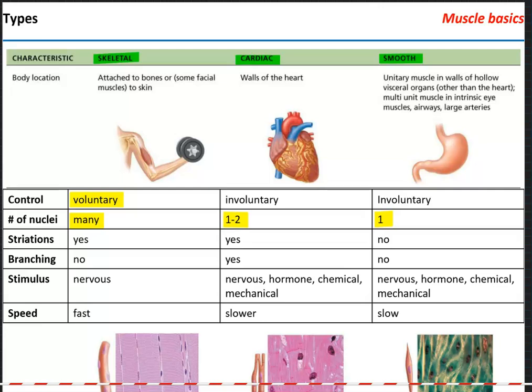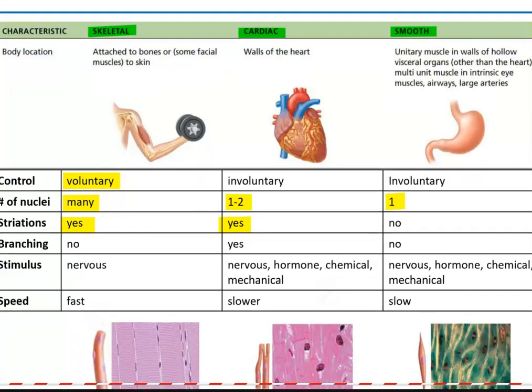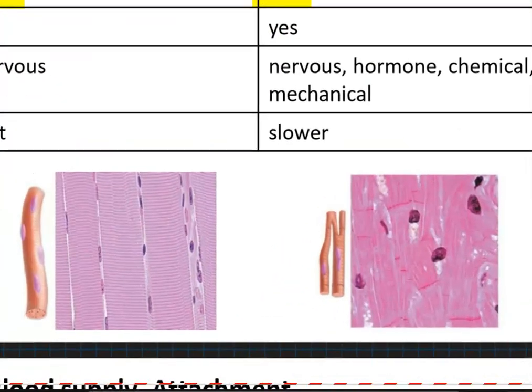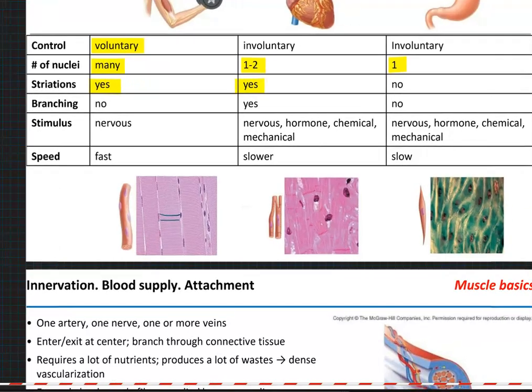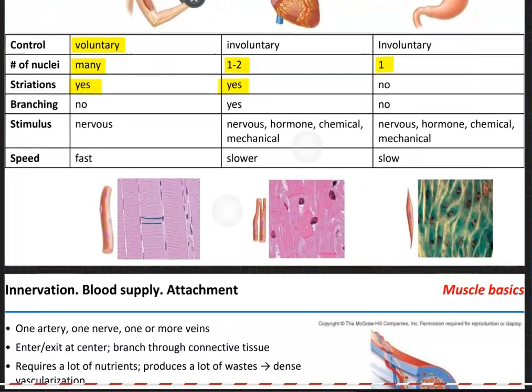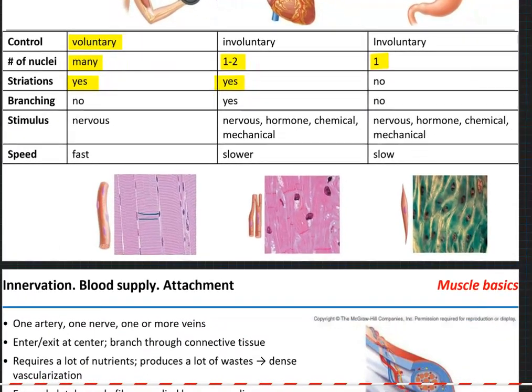Unlike smooth muscles, skeletal and cardiac are striated, which means they have these visible stripes that, as we will learn in some time, are defined by the basic contractile units of these muscle types.